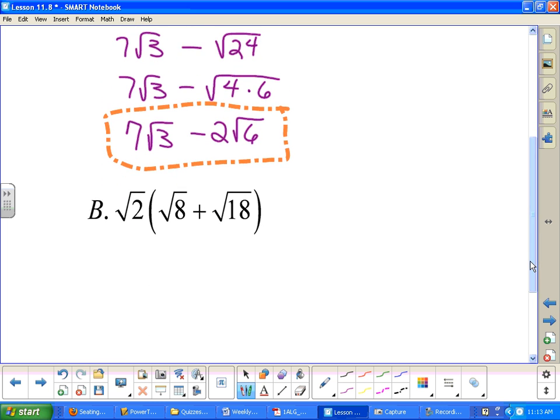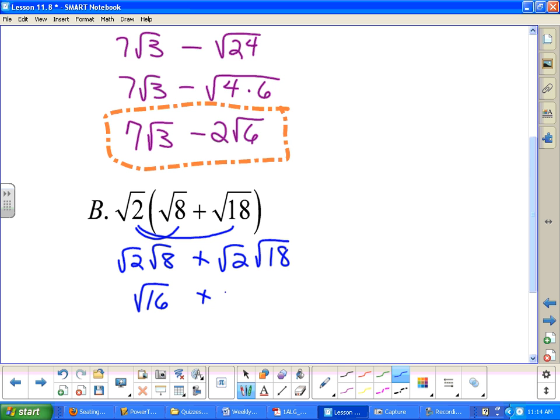So the letter B here. Multiply these first two together, and multiply with the last one. 2 times 8 is 16, so we have the square root of 16 plus the square root of 36.